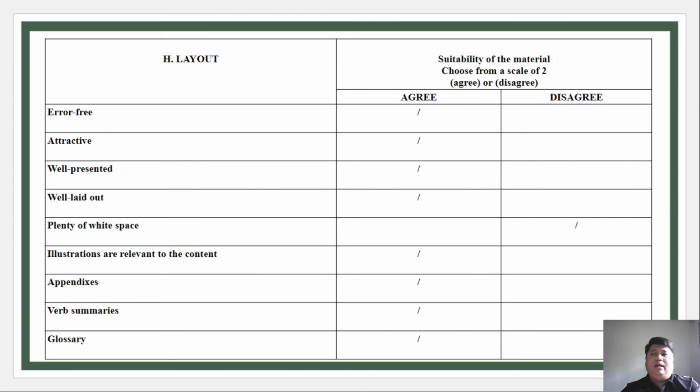This is because the pictures help the student to understand better during the lesson. And then the three elements, appendixes, verb summaries, and glossary that were included are very suitable and helpful for the student, and not only for the student but also for the teacher during the lesson.